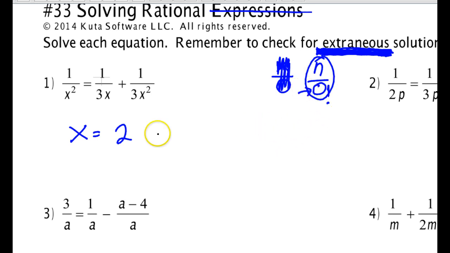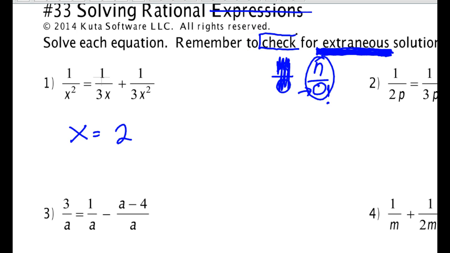So when we get an answer, we just have to make sure, if we use this answer, would we end up with a 0 on the bottom on any of these? No. 2 squared, 3 times 2, no. Do we have 0 as an answer? Yeah, 0 is an answer, you just can't divide by 0. Those zeros on the bottom, that's what you're looking for.